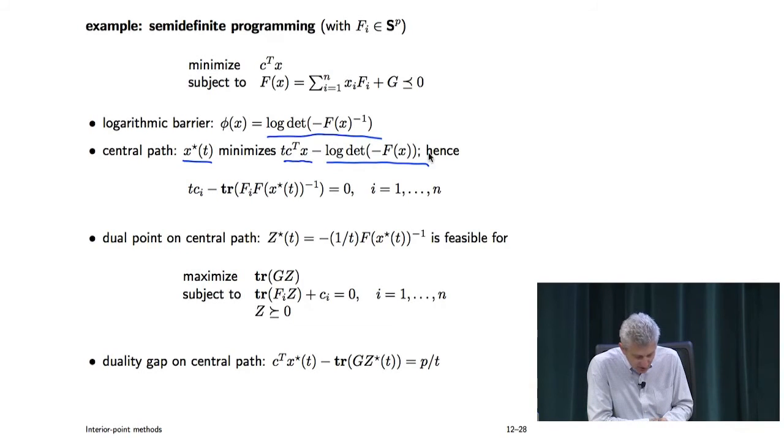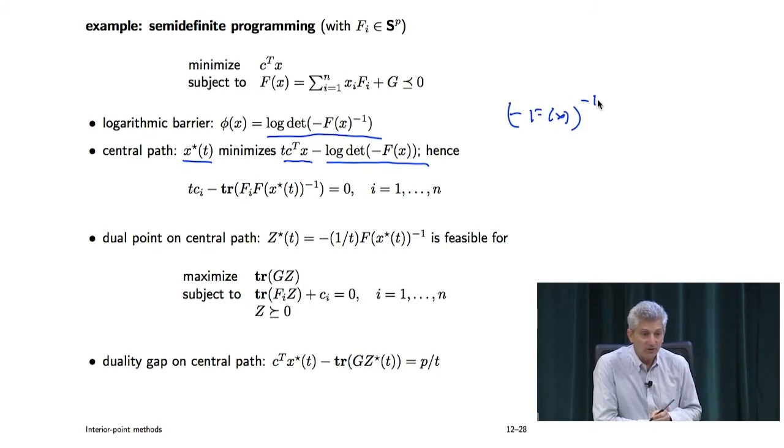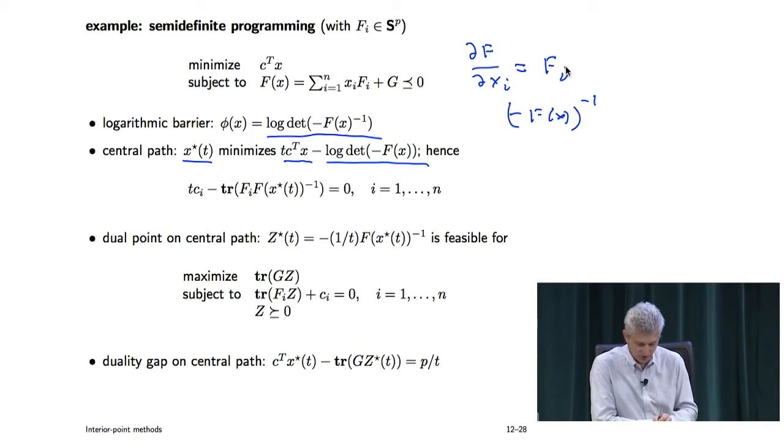If you take the gradient of that, you get t c_i minus, this is the partial derivative with respect to x_i, and the gradient of this is like minus F of x inverse, right? And then if you want to know what partial F partial x_i is, this is very rough, but that's F_i. So you'd put trace of F_i times this, and you get this equality here, right? So that's the optimality condition.